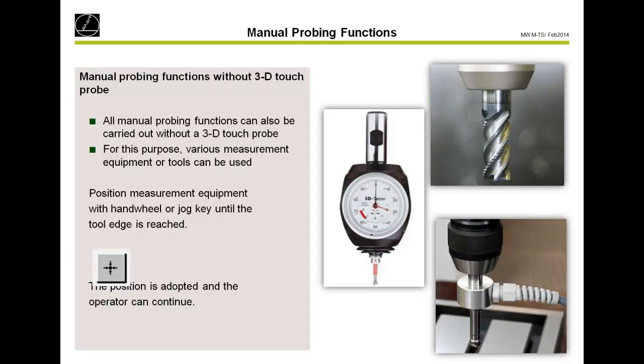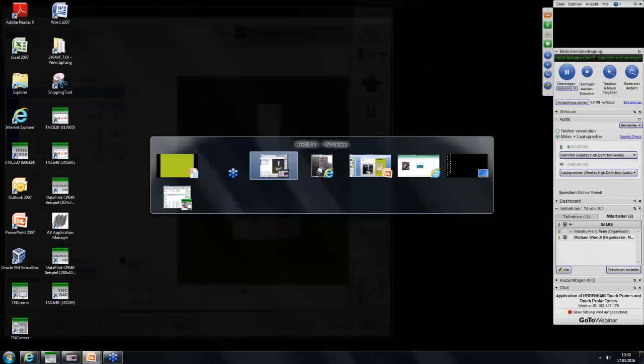With the probing system, you push NC start. This is not possible with a mechanical system, but you can make a pre-position, and at the position where you want to make the measuring, you just press the position key, and then it's easy to use all the manual probing functions with the mechanical probing systems or a tool. So now I change to the machine.